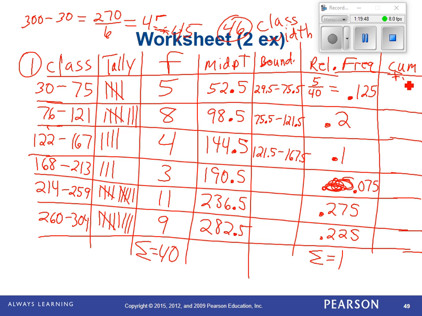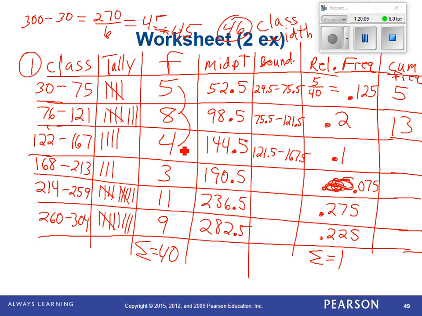Cumulative frequency. All you're doing, what's the cumulative frequency from here down? How many have we had so far at that point? 5. Then you just take that and add this onto it. What's that give you? 13.